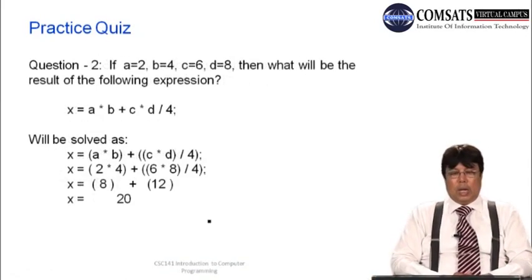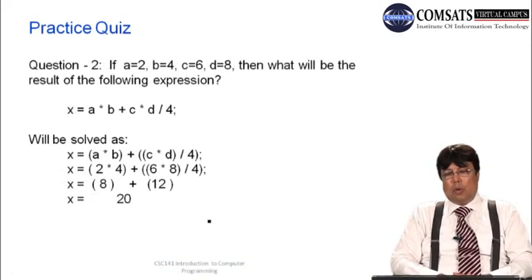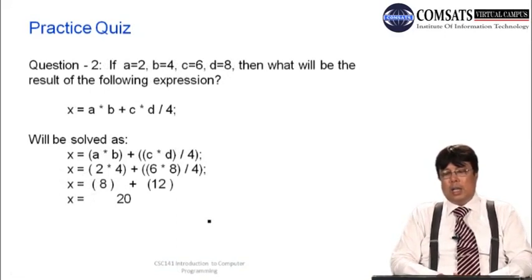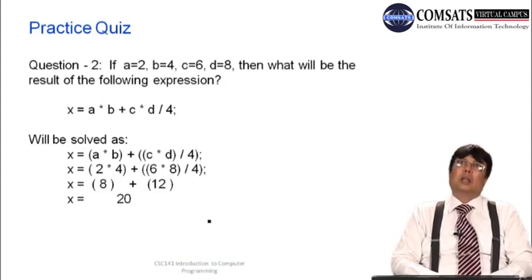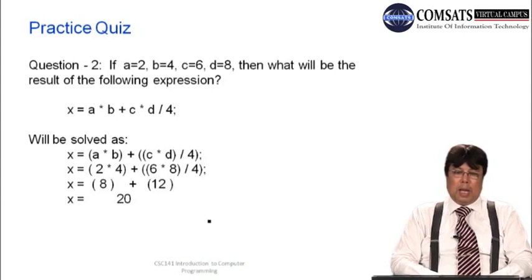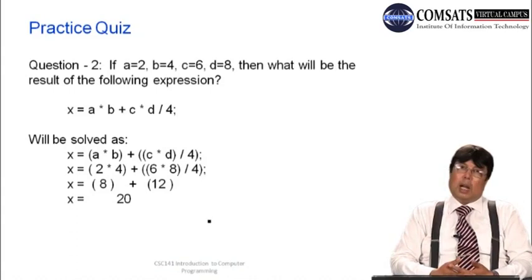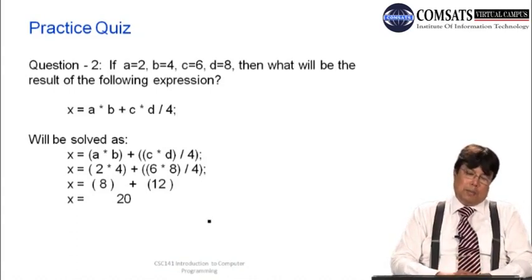Okay? You can take up another quiz. Suppose A is equal to 2, B is equal to 4, C is equal to 6 and D is equal to 8. Then what should be the output of this expression? A multiplied by B plus C multiplied by D divided by 4. It will be solved as I told you, you can use parenthesis.